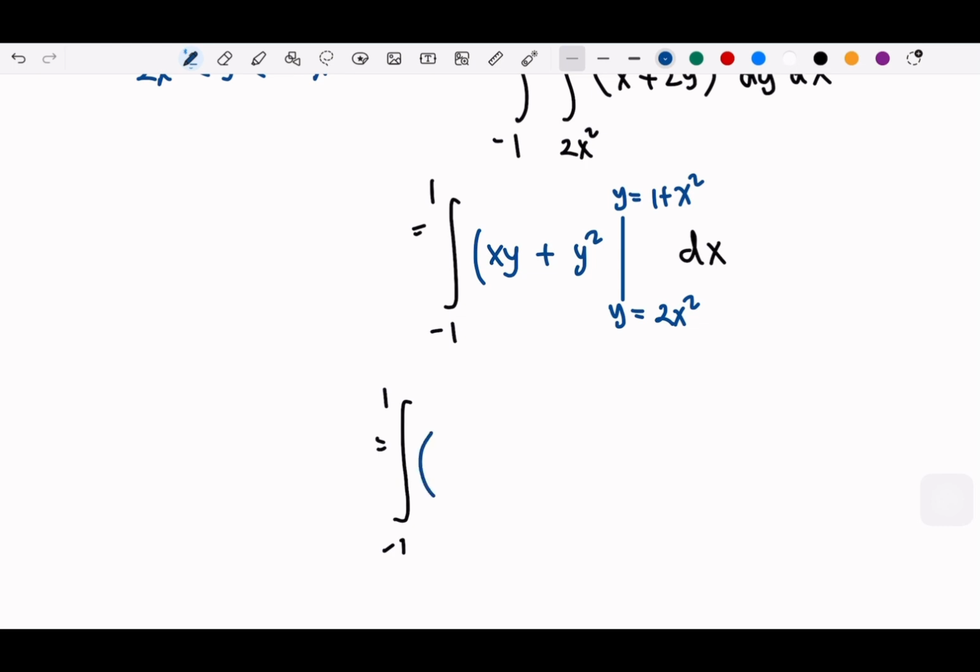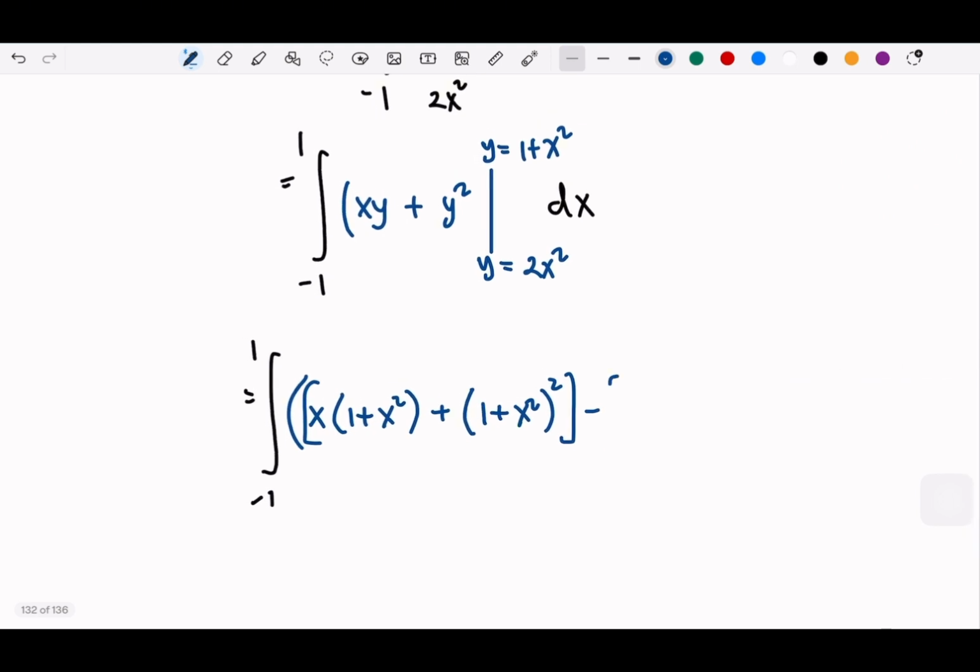So this will be x times (1 plus x squared) plus (1 plus x squared) squared, and then minus, x times 2x squared plus (2x squared) squared, and close the bracket again, and then dx.